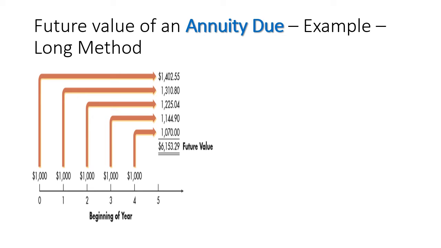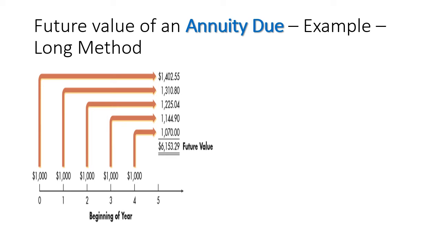So at the end of year 2020, Ahmed will deposit his first amount of 1,000 Egyptian pounds, which is due at the beginning of year 1. At the end of year 1, he will deposit the second amount of 1,000, due at the beginning of year 2.